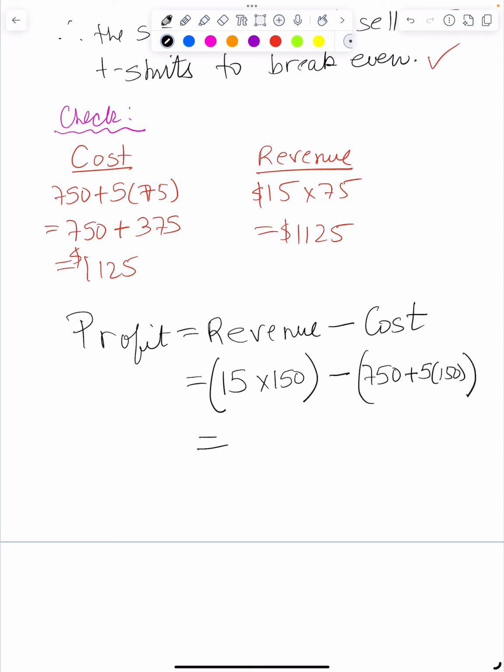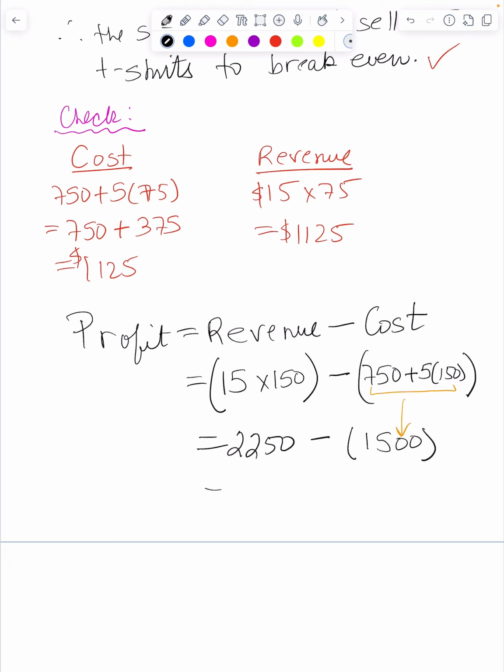The revenue is going to be 15 times 150. So you're generating a revenue of $2,250. And the cost for you to make 150 t-shirts, you can put into your calculator. 750 plus 5 times 150 gives me $1,500.